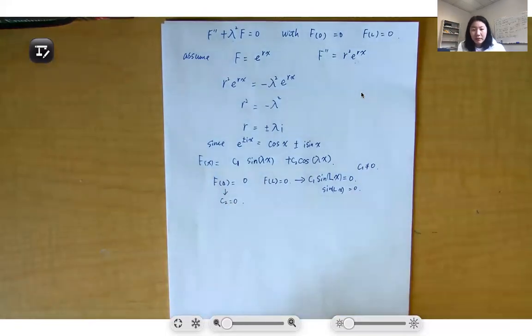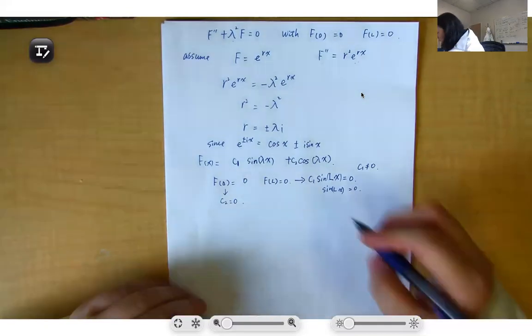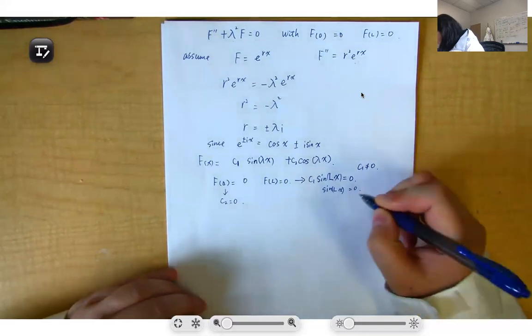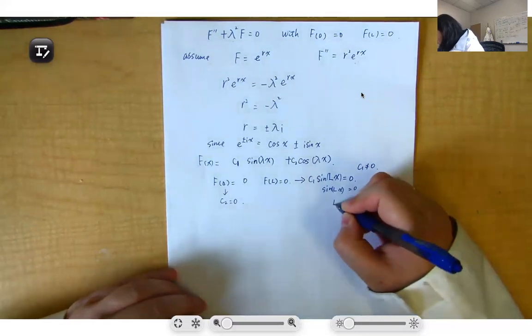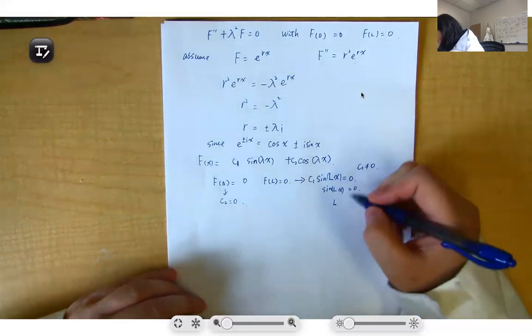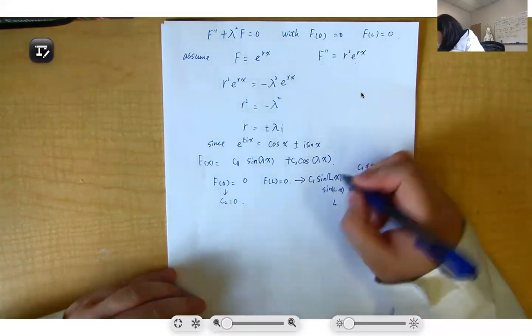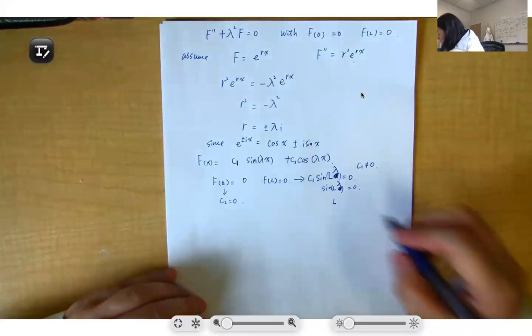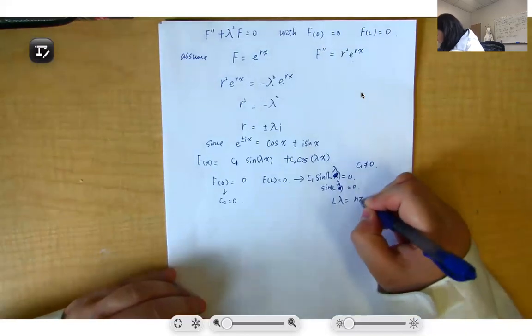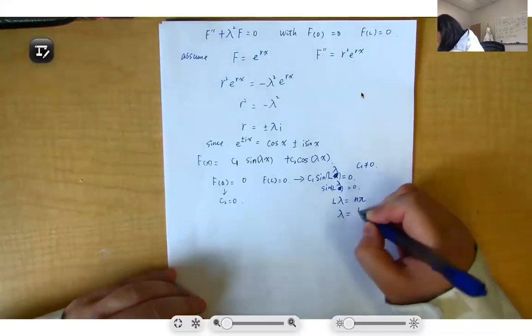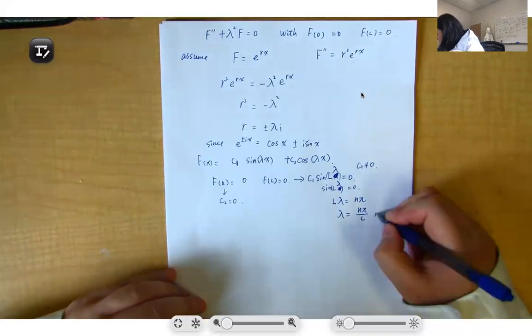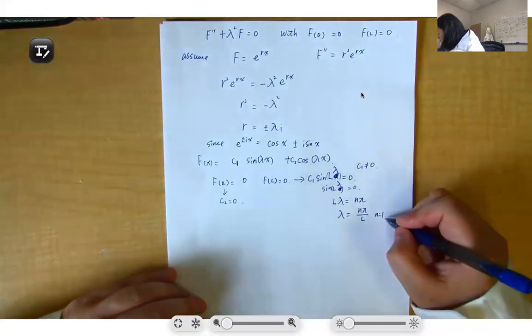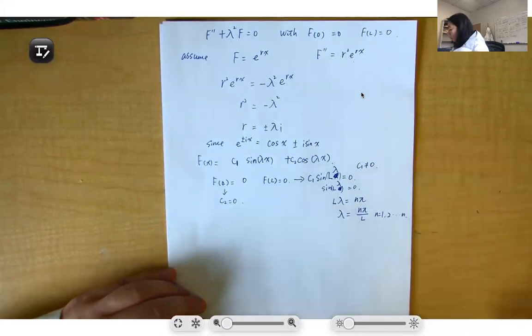Only when λL equals nπ will it equal 0. So Lλ will be equal to nπ. That means our lambda is equal to nπ over L, where n is the integer from 1 to infinity.